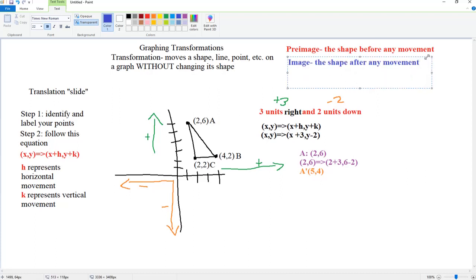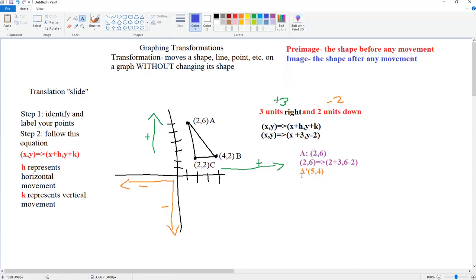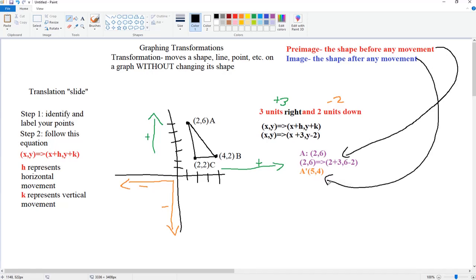So the pre-image in point A's case is 2, 6, represented by A, and the image is A prime with 5, 4. So right now, this is the pre-image, this is the image.